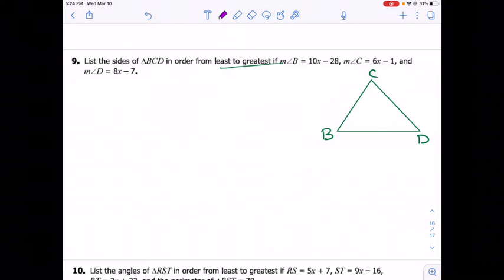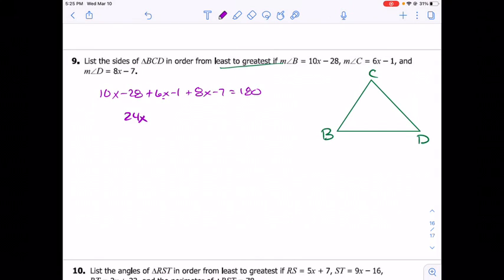So we're going to get 10x minus 28 plus 6x minus 1 plus 8x minus 7 equal to 180. So 10 and 6 is 16. 16 and 8 is going to be 24x.